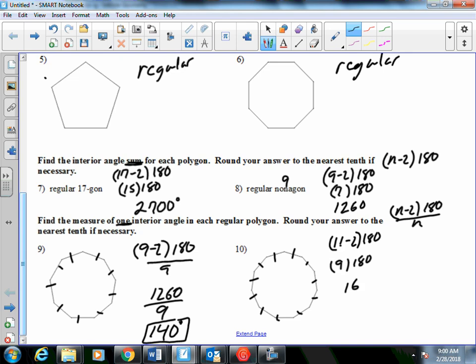It's going to be 1620 over n, which is 11. We get 147.3 degrees.